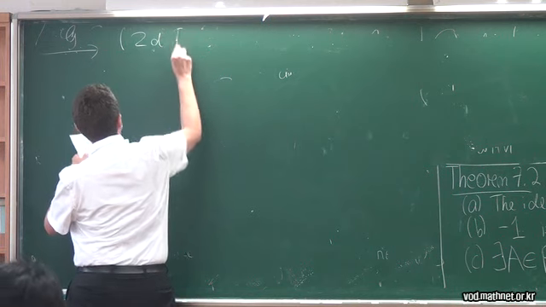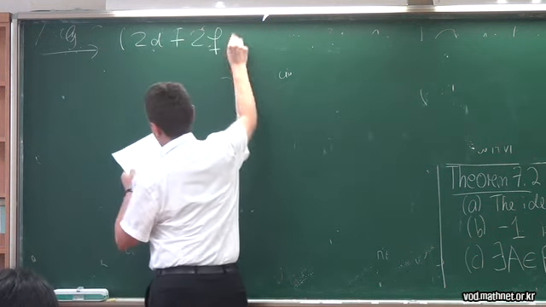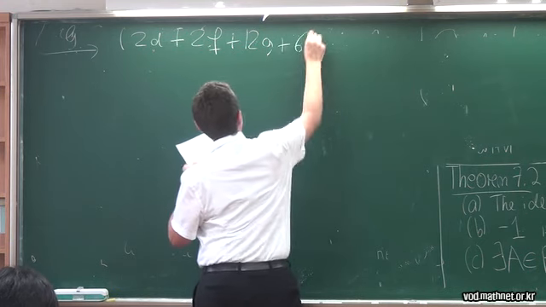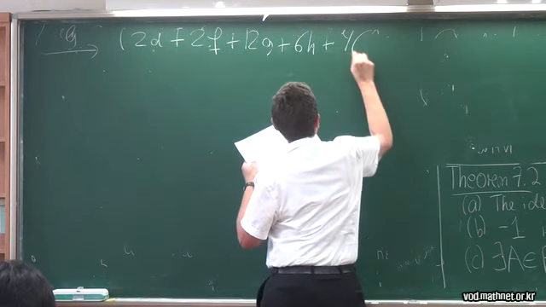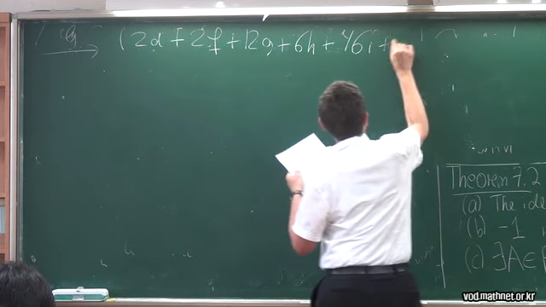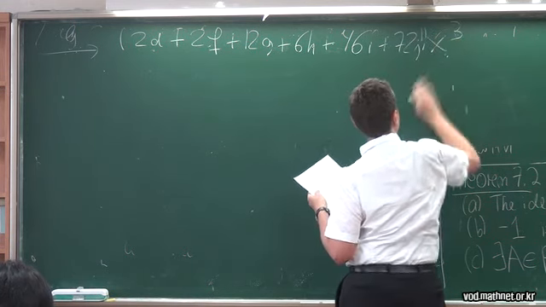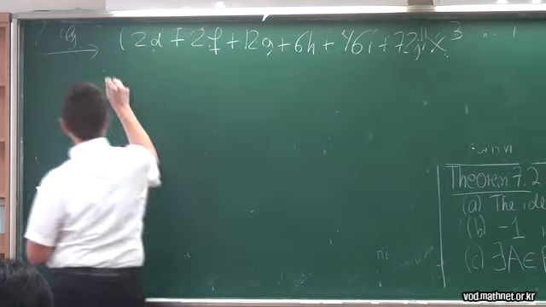So we get 2d plus 2f plus 12g plus 6h, 46i, plus 72j, x cubed. Okay? And 3 more.